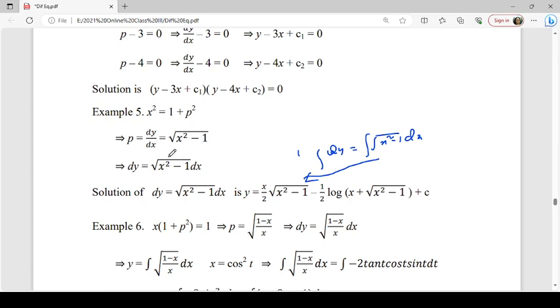So we are taking only the positive sign. We can write the negative sign also, p = ±. Then we will have two forms.